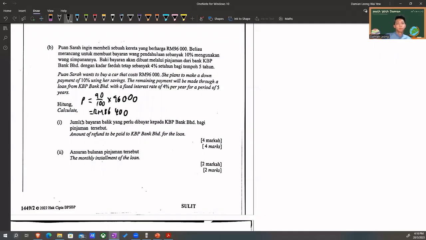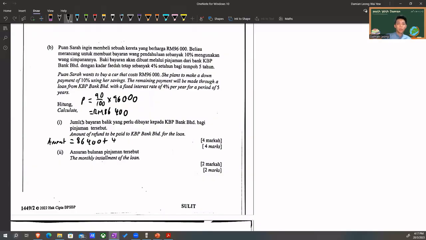Then fixed interest rate means simple interest, 4% for a period of 5 years. Amount of repayment for the loan. So the total amount of repayment will basically be the principal, 86,400, plus the interest.